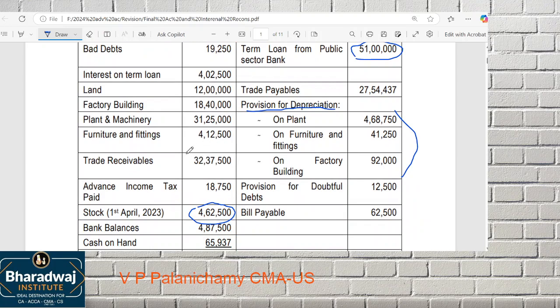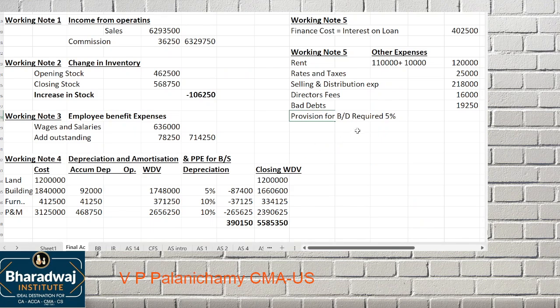This 32,37,500 into 5%. Tell me the amount. This much is required. Less, what is the old provision in trial balance? 12,500. Balance will come as expense. Provision required is 161875.